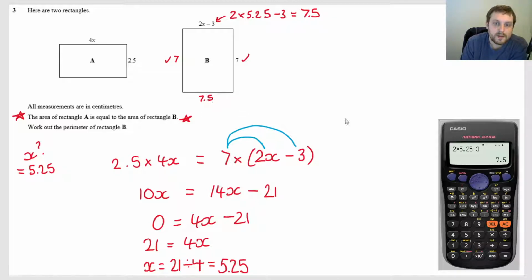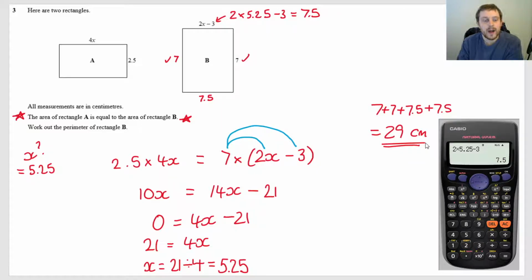So the perimeter of B will be 7, add 7, add 7.5, add 7.5, which is 14, add 15, which is 29. And it's probably one of those sneaky questions where you have to put the units. Okay, so all measurements are in centimeters, so I'm going to write that it's 29 centimeters. 29 centimeters, great.